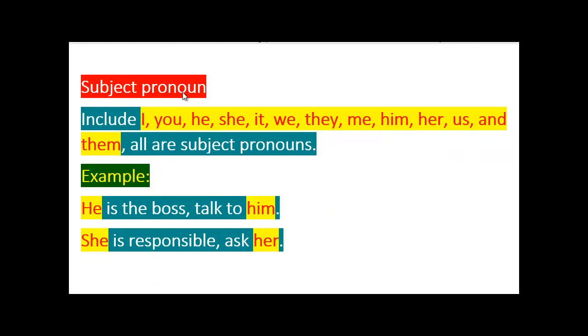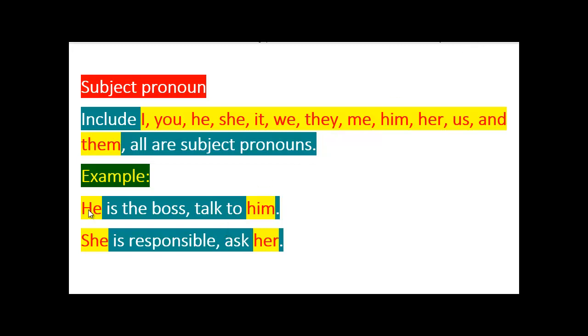Subject pronoun. In every sentence we have a subject, a verb and an object. So you see the example: He is the boss, talk to him. She is responsible, ask her.